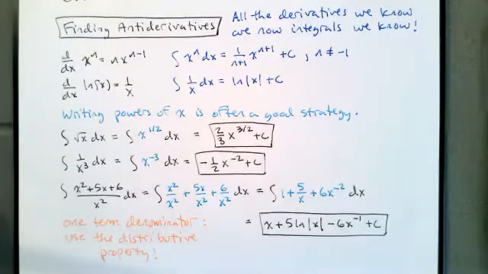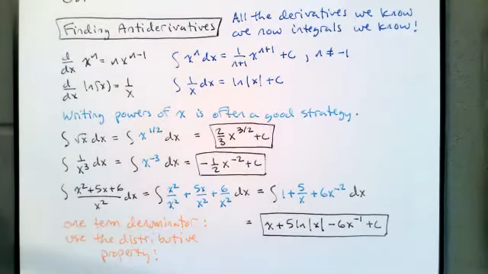Can't we technically use the distributive property if there's more than one term? We could, but then we'd have more than one term in all of the denominators, so that might not help. That doesn't help us write powers of x. So if the denominator was x squared plus 1, I could say it's x squared over x squared plus 1, but that doesn't help us write powers of x.